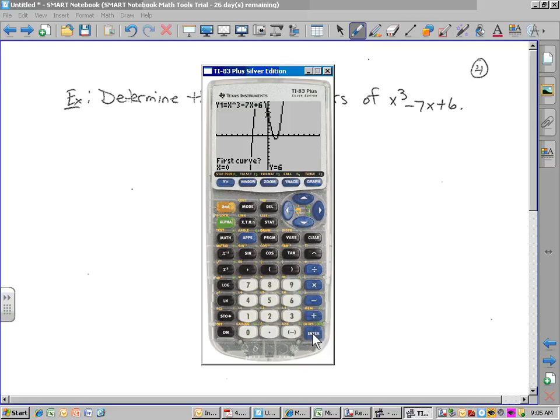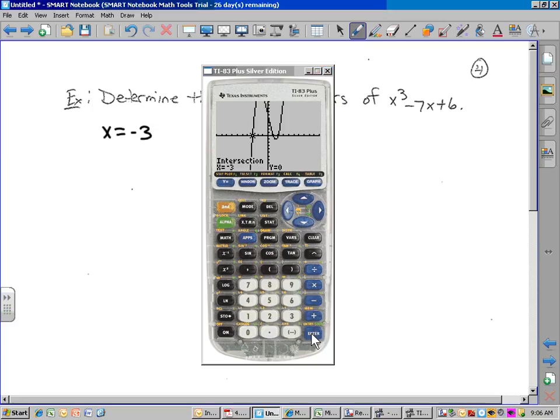Now, we're going to move the x, the blinking spider, whatever you want to call it, dancing spider, blinking x, as close as we can to one of those x-intercepts. And we're going to hit enter 3 times. It's not a left-right thing like we did with max and mins. It's very simple. You pick a first curve, pick a second curve, and hit enter on guess, and it will find it. And it's telling us that x equals -3. Works.